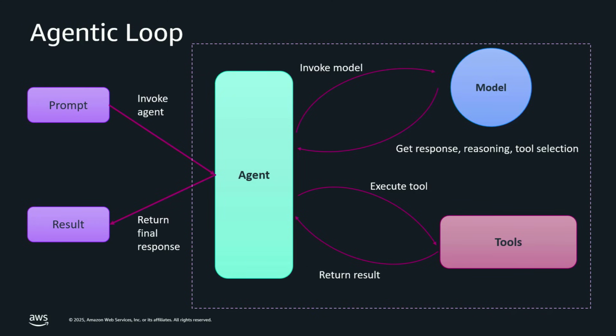Next, sometimes the model cannot answer you directly. For example, if I ask the model, give me the 10 recent Jira tickets for this project, the model doesn't have access to that kind of information. And that's why we have tools.